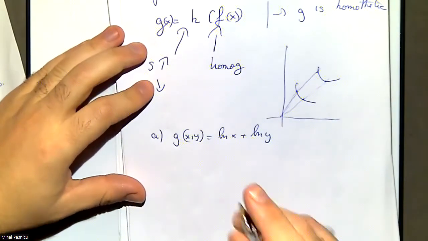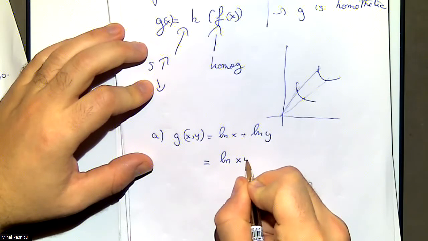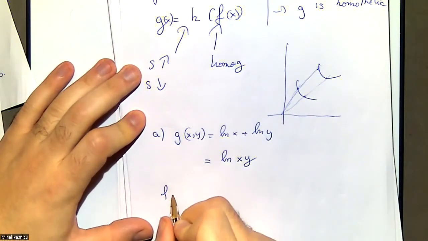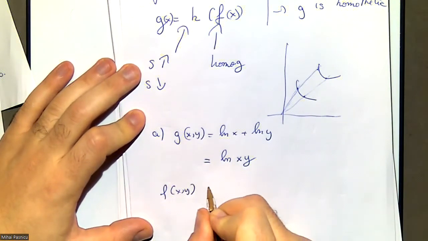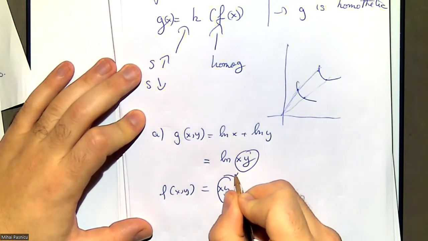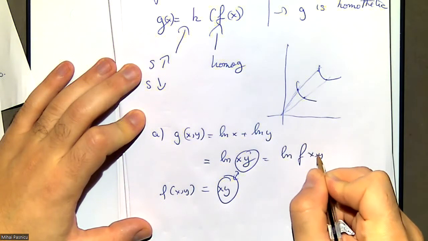And you stare a little bit and you're like, okay, what is log of a plus b? That's just log of xy. And then you remember that, hey, f of xy is equal to xy. Same thing. So this is just ln of f of xy.